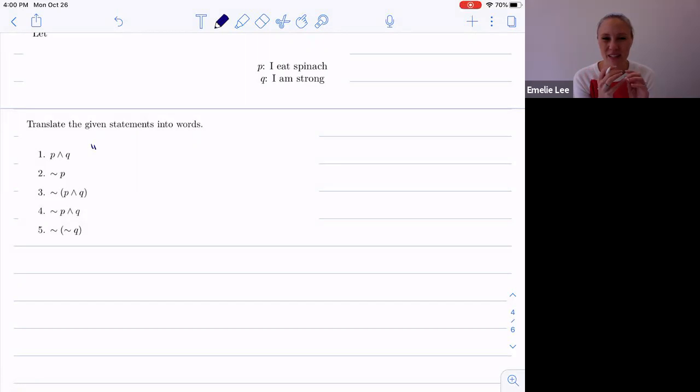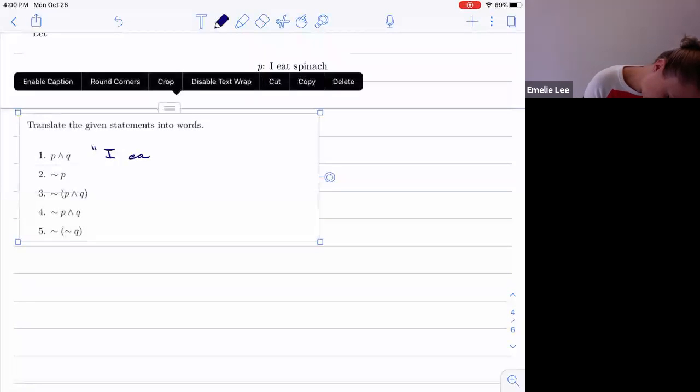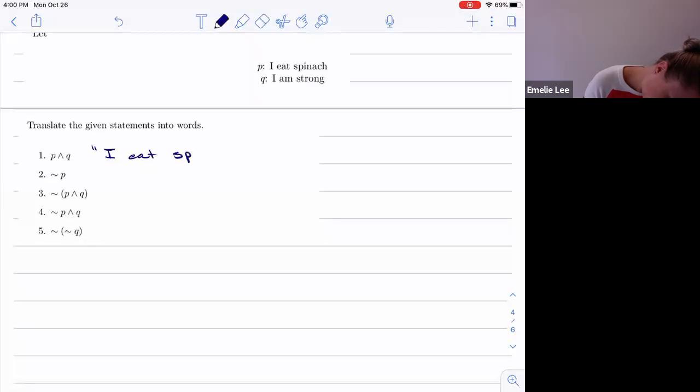Unless you're really, really sure that you're able to change it without changing the meaning of the statement, then go ahead and do it. But sometimes I keep funky looking statements because I know that they're correct. So: I eat spinach and I am strong.